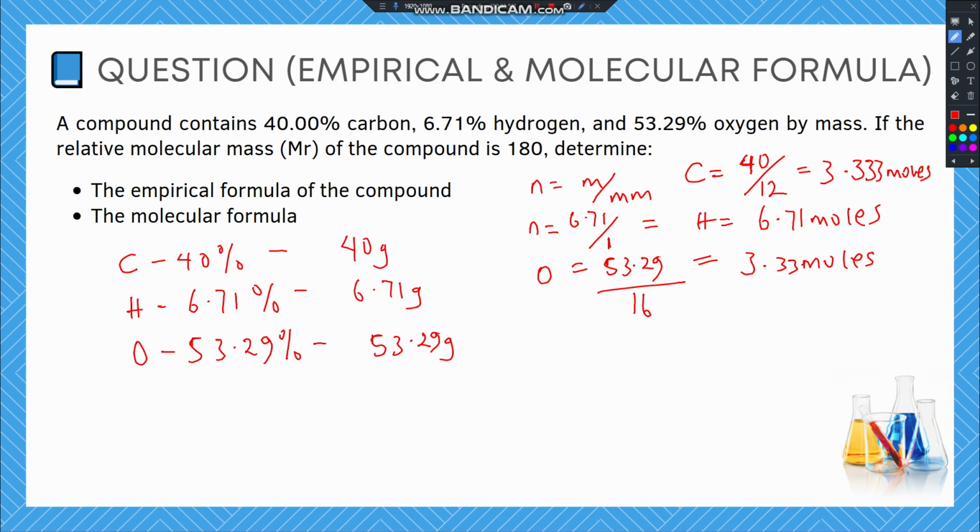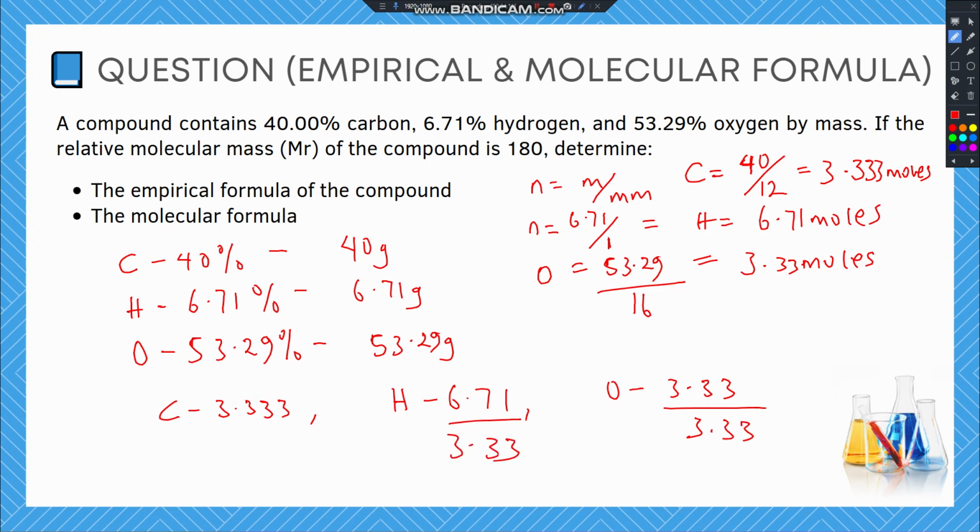So the next step says to divide all through using the smallest number of moles that you have. So we have for carbon to be 3.333, for hydrogen to be 6.71, and for oxygen to be 3.33. The smallest among them is this guy, 3.33. So we're going to divide all through by 3.33.